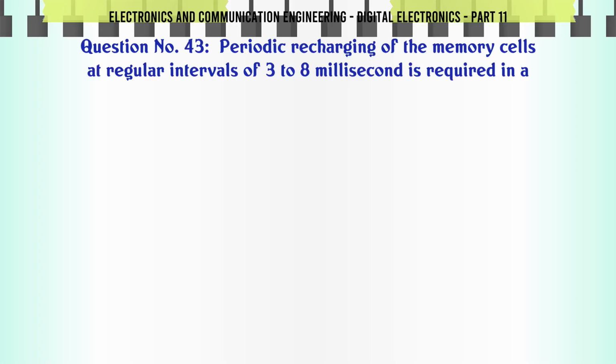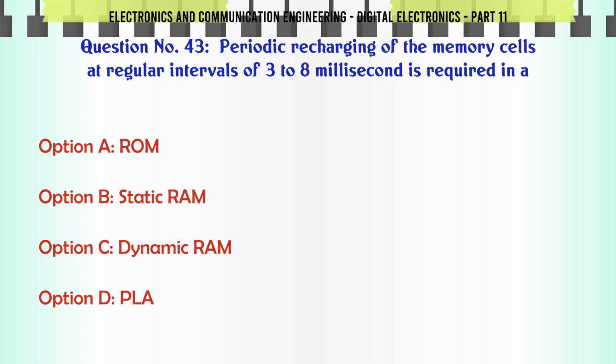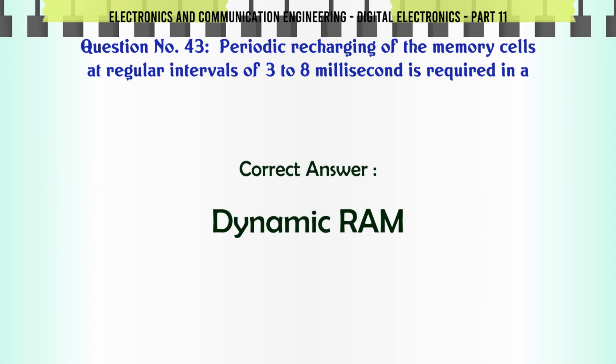Periodic recharging of the memory cells at regular intervals of 3 to 8 milliseconds is required in A. ROM, B. Static RAM, C. Dynamic RAM, D. PLA. The correct answer is dynamic RAM.